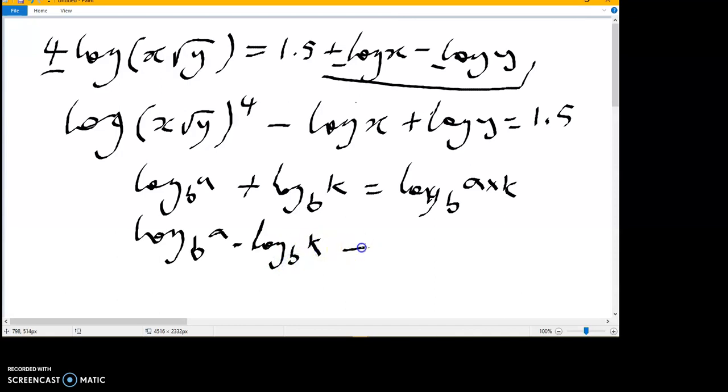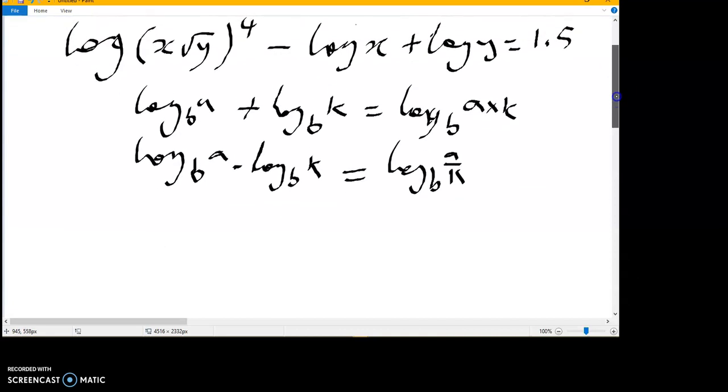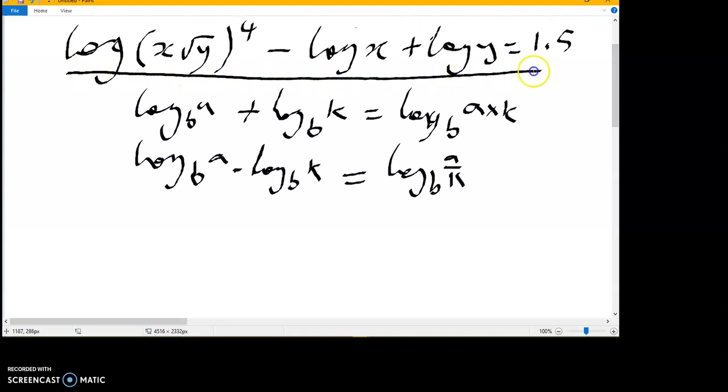We know that this will be equal to log of a over k, base b. These are the properties we are using on this section.